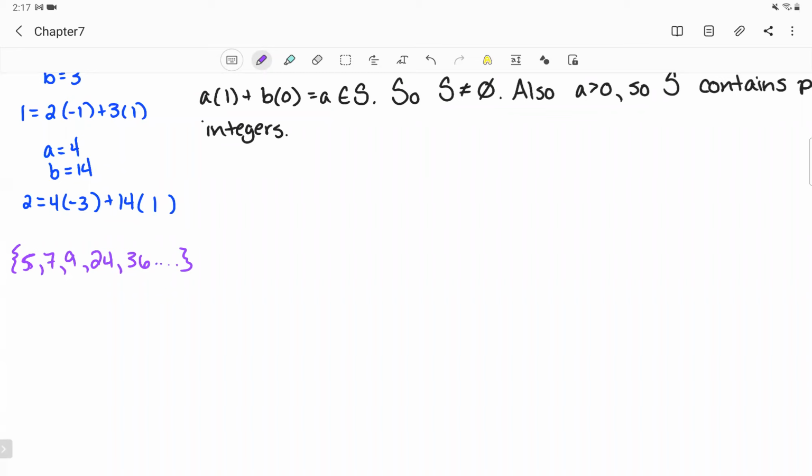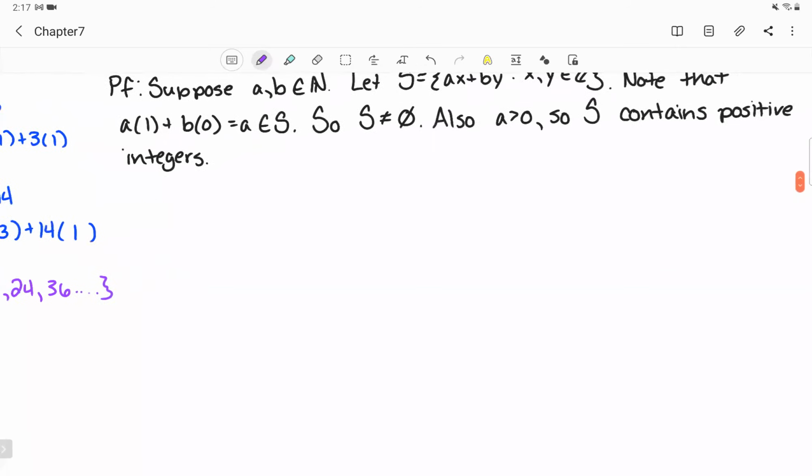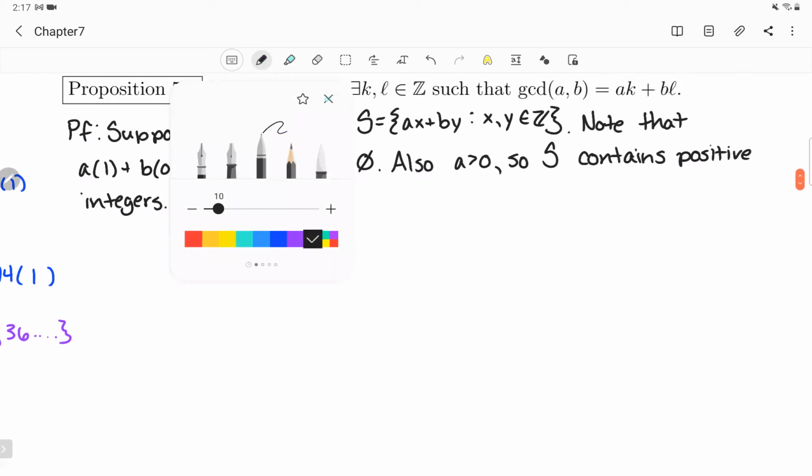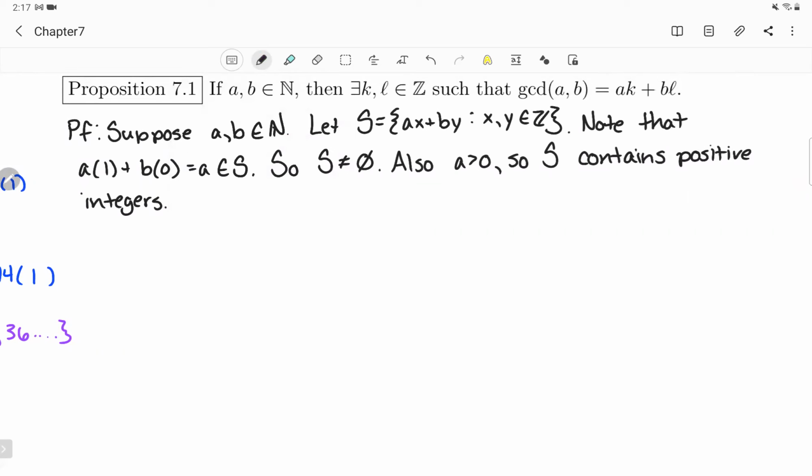So rational numbers, that doesn't work. I can't guarantee a smallest, but with integers, I can guarantee there's a smallest one in there. Does that make sense if you think about it? That has a name, the least integer principle, the well ordering principle, all that. We'll get to those names later, when we look at induction, actually, but we're going to use that fact here. Okay. So S contains positive integers.